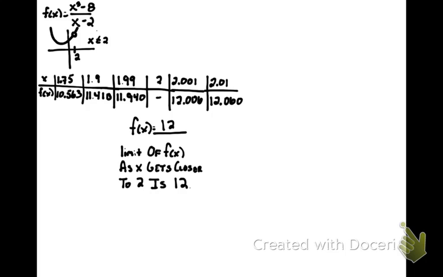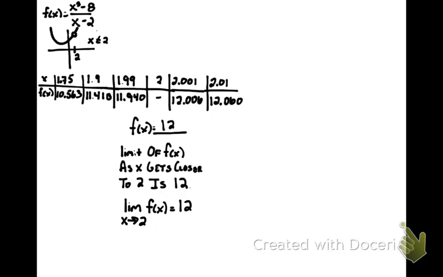And instead of writing this sentence every time we want to express that idea, mathematicians would write it this way: the limit as x approaches 2 of f of x is 12. Informally, what we mean by limit is what is happening to y as x gets closer to a certain number.